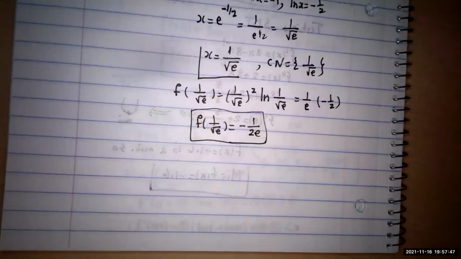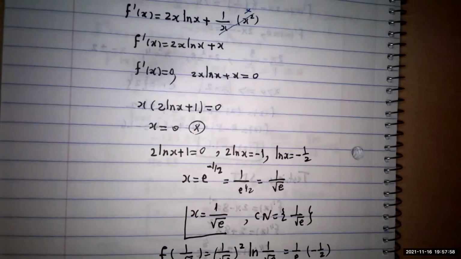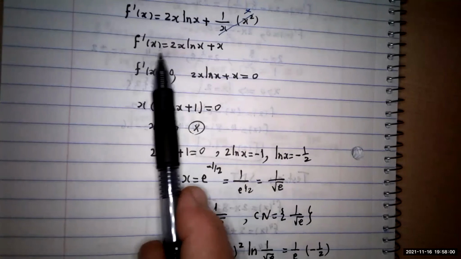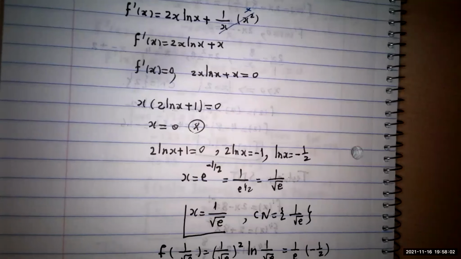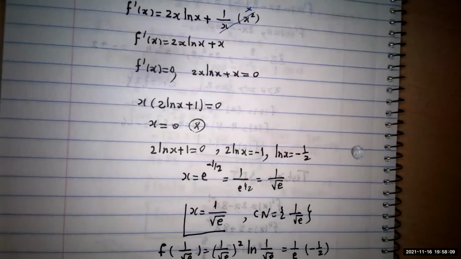Now you have to test it. You have to decide which test is going to be better, the first or the second one. You see, this is going to be your f prime. Both of them would have enough work to do. If you want to use the second derivative test, you have to differentiate again.